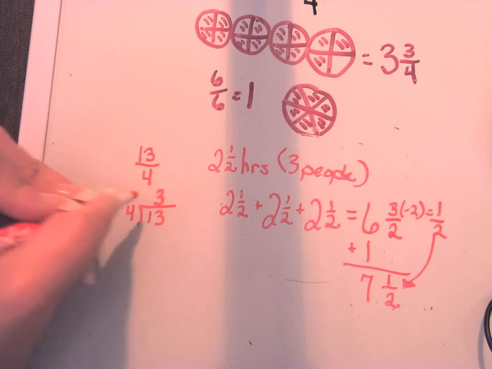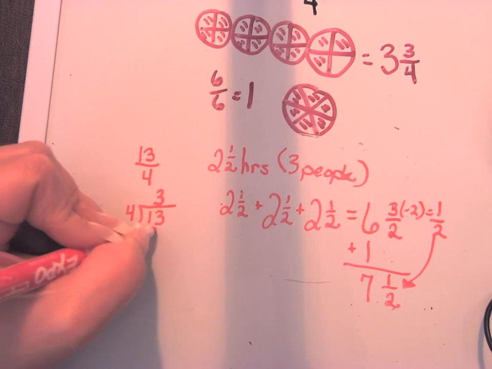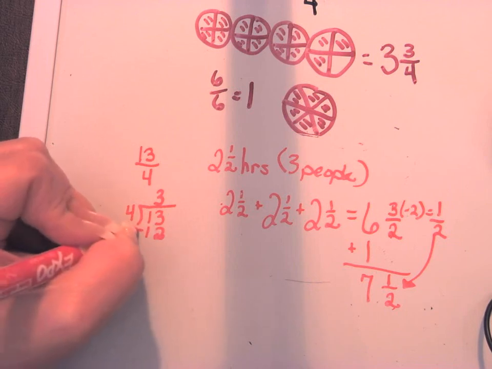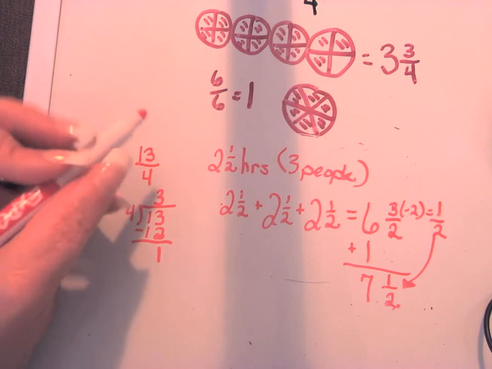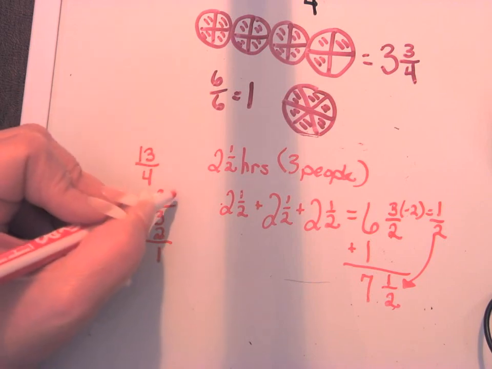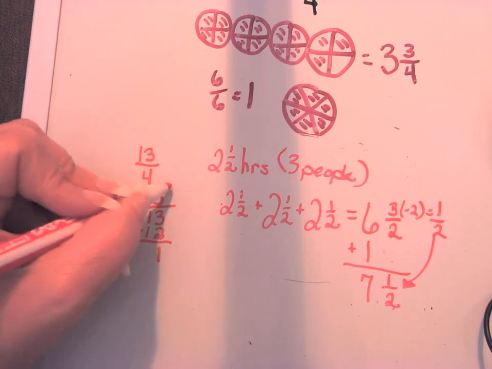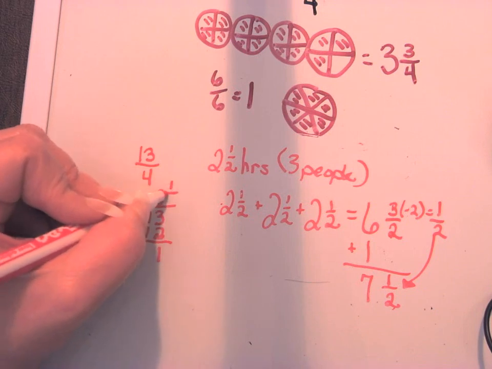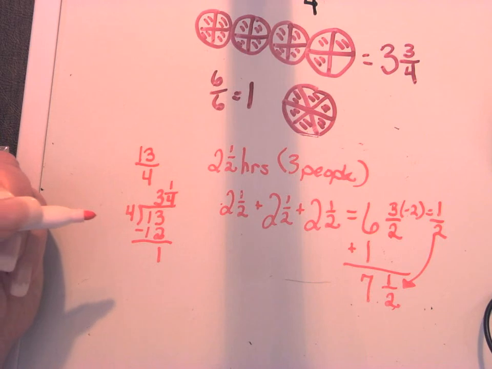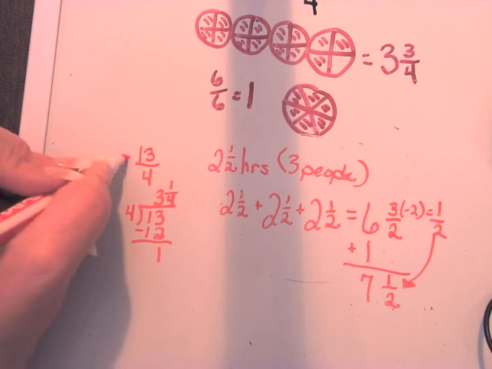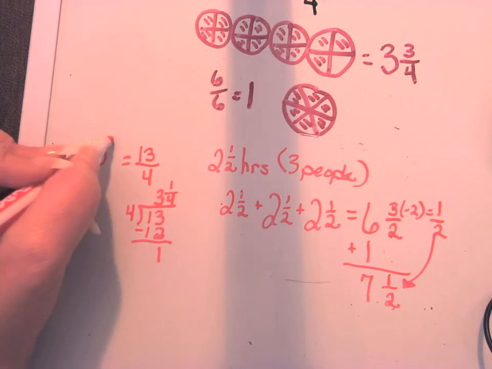That goes on the roof. Roof times the door ends up on the floor. You know what I'm talking about. Sisters subtract, and we end up with 1 rover left over. So instead of making it R1, we take that 1, we put it on top over that 4 that's knocking at the door, and that's where we get our 3 1/4. So 13/4 is the same as 3 1/4.